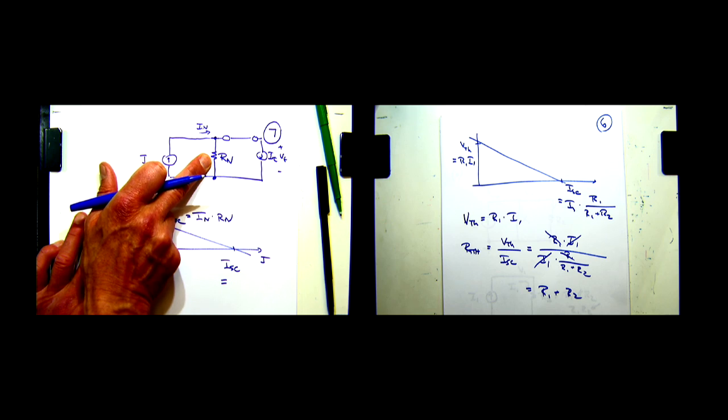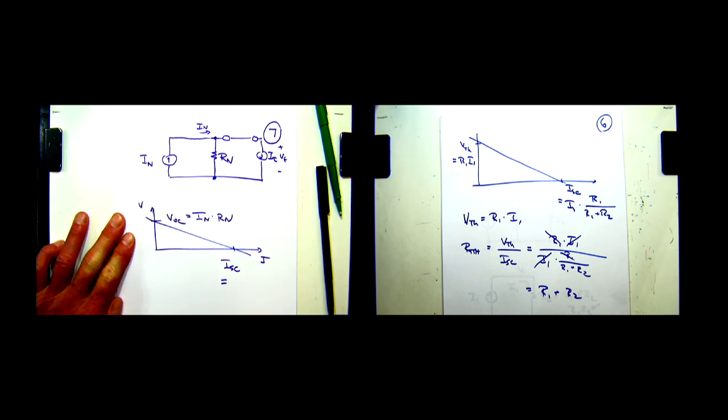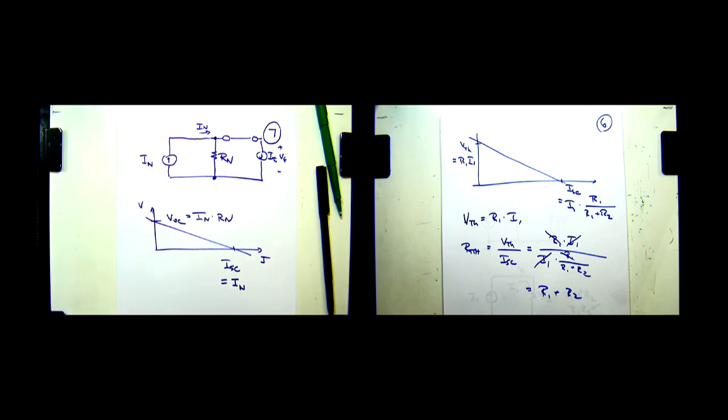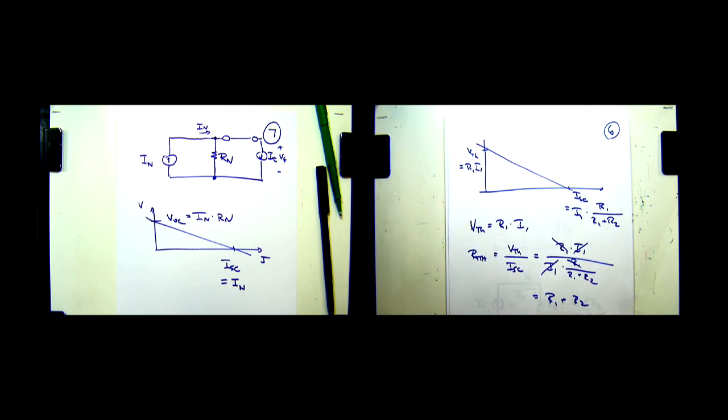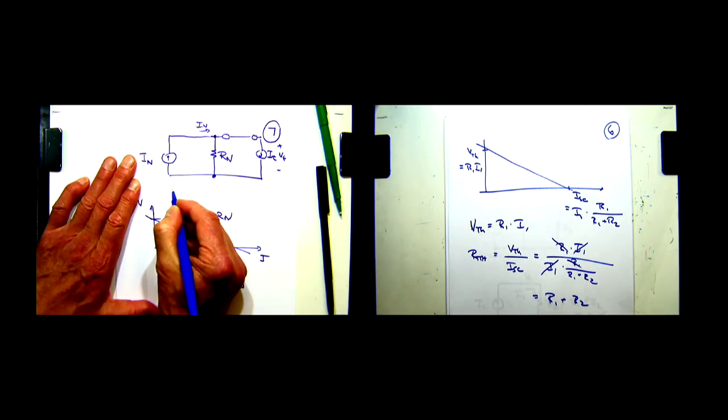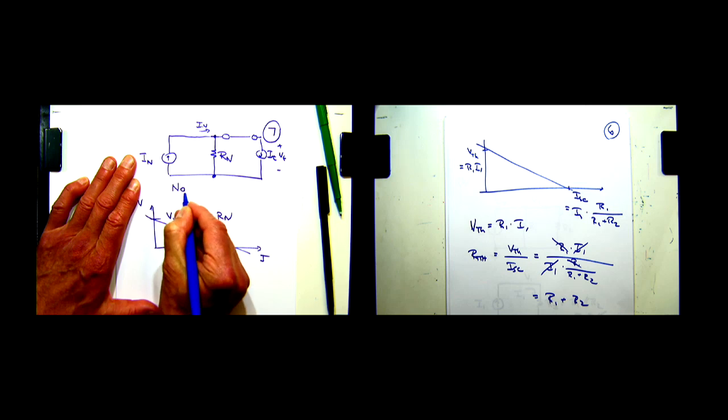Short circuit, no resistance. I always take that one. So therefore the current all is going to flow through the short circuit. So I short circuit is equal to IN. So now apparently there are two ways we can model sources. One of them is with the Thevenin equivalent, this one here, voltage source and a resistor in series, and the other one is called the Norton equivalent.